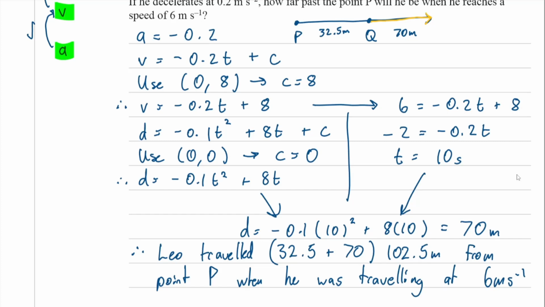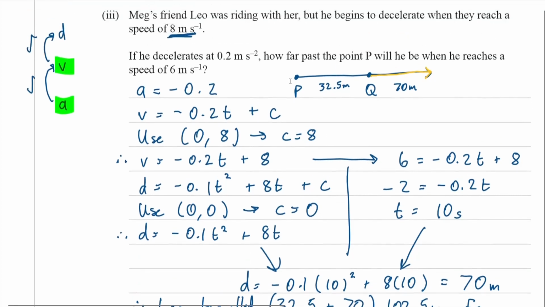I guess that's actually for the second time, right? Because he would have had to accelerate past 6 meters per second to get to 8 meters per second and then decelerate some more. Right, but just from the context of this question, it's inferred it's that second point.